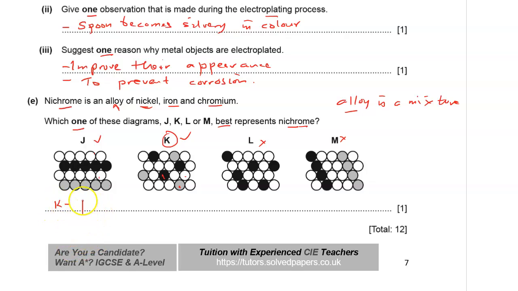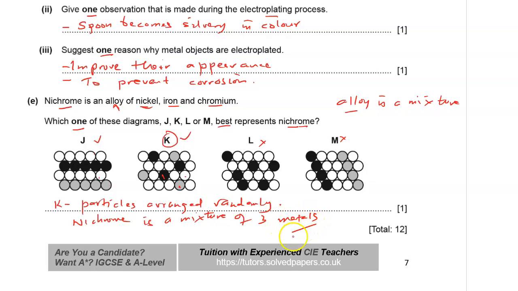Particles arranged randomly. Therefore, nichrome is a mixture of three metals.